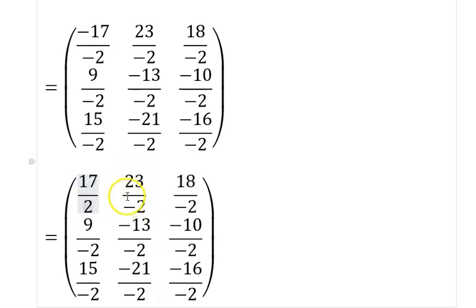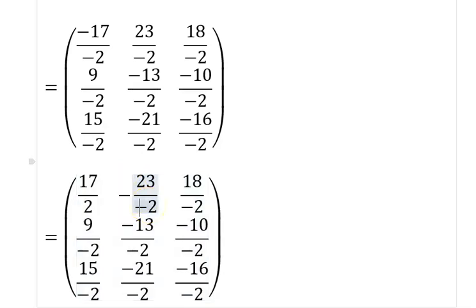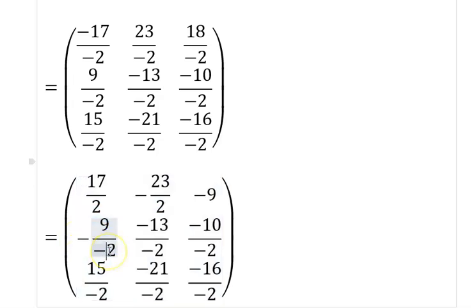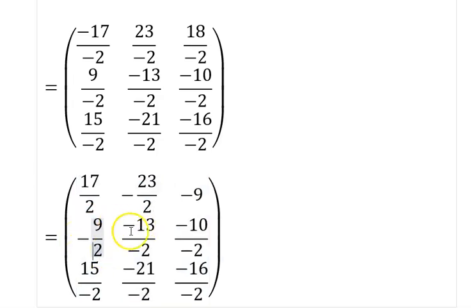Here this minus will appear, so we can put our minus here. So we have minus 23 over 2. Here 18 divided by 2 will give us 9, so we'll be left with minus 9. Beautiful. Here 9 divided by 2, so we just put our minus here. We left with minus 9 over 2.